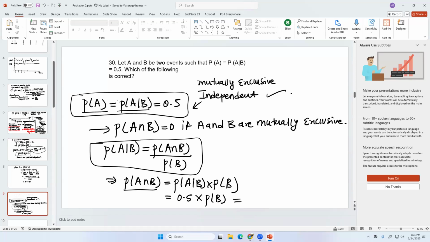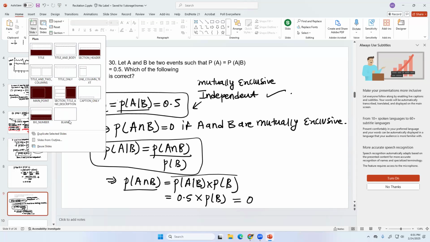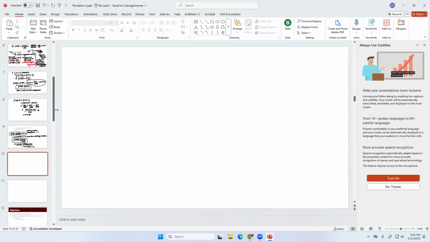Now, when is this thing 0? When the probability of B is 0, right? Then only and only then. So let me write it again.